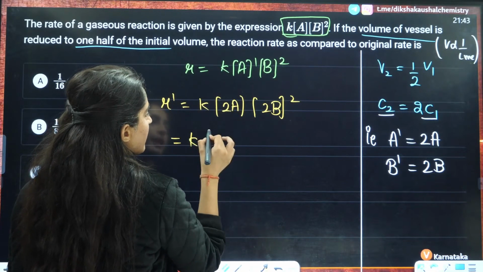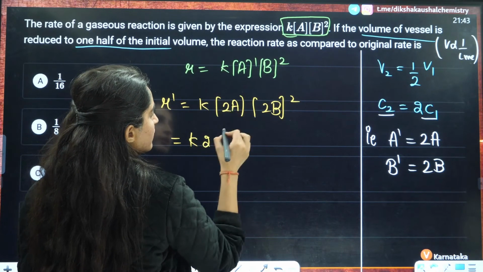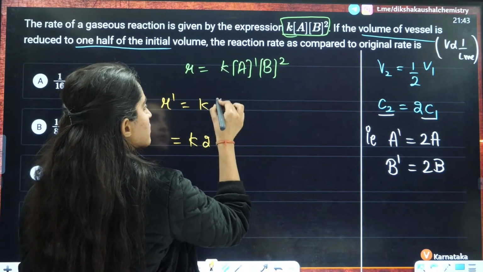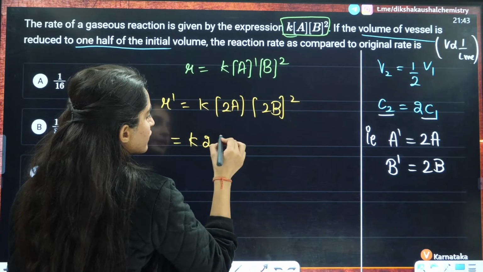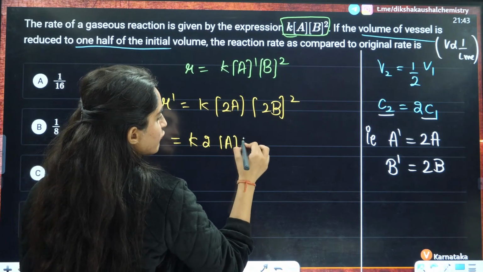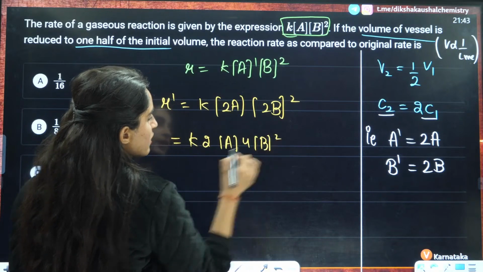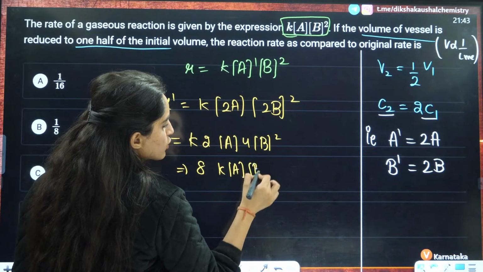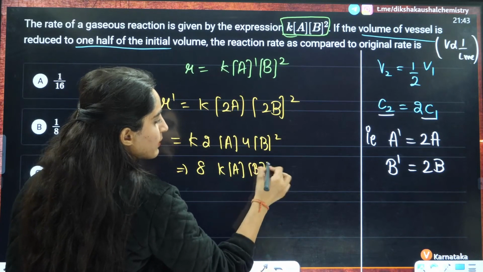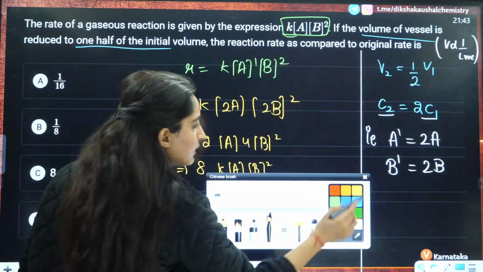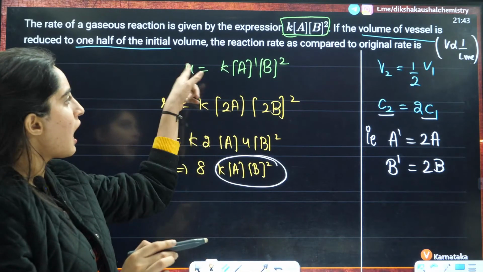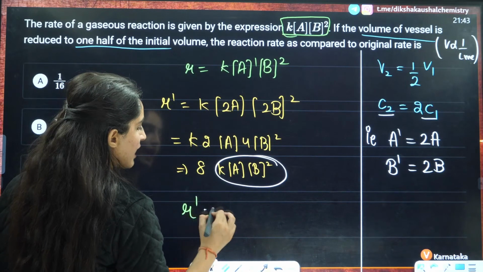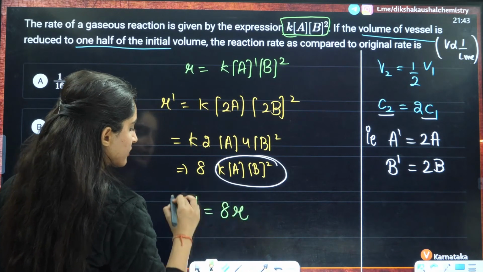That will be A, and here it will be 4 into B square, so it will be 8KA B square. This is nothing but R only, so R dash is equal to 8 into R.